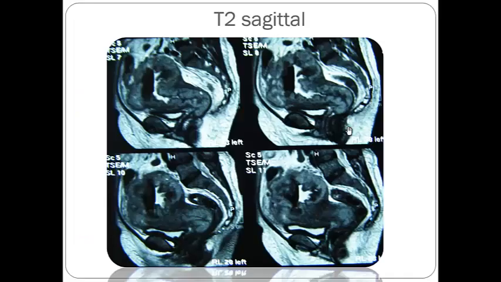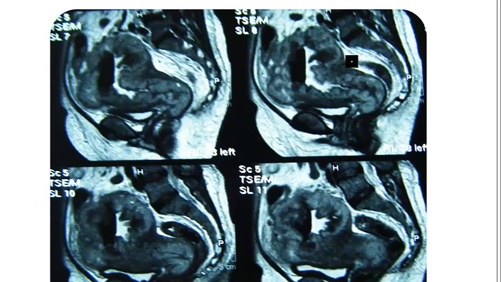And this is her MRI appearance. Here, this is an air fluid level present. Heterogeneous myometrium, dirty myometrium. Even the cervix is irregular in shape.